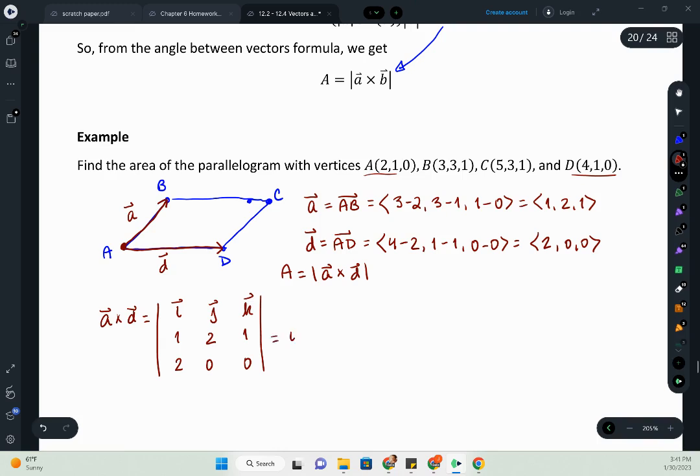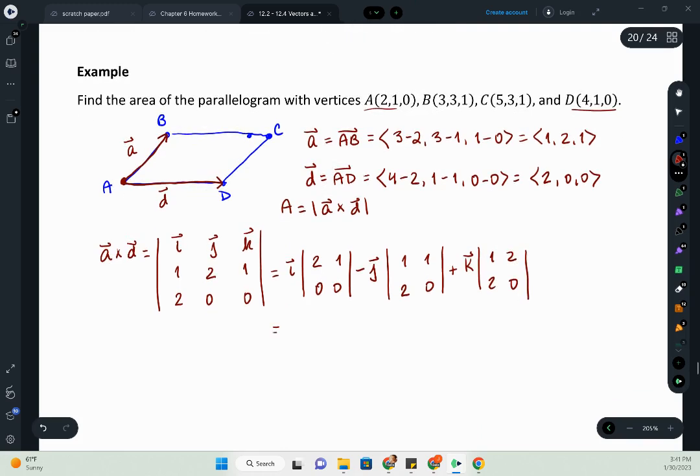And so I'm going to have i hat times the determinant with the components 2, 1, 0, 0, minus j hat. Imagine the row and column gone. This leaves behind 1, 1, 2, 0, plus k hat, and that's going to leave us 1, 2, 2, 0. These zeros are going to come in handy.